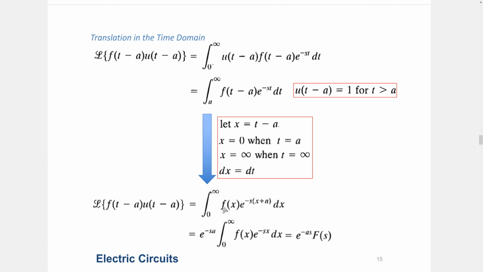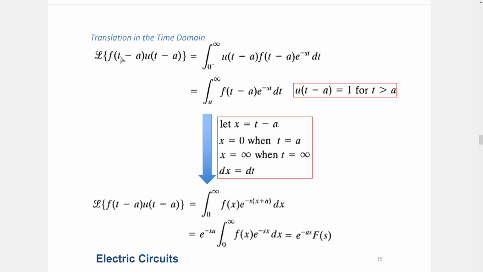And this looks very much like the original Laplace transform definition. I just need an extra a here and s. So e to the minus sa is a constant, so I can move it out of the integration. And then the integration here is the definition of the Laplace transform, which corresponds to F(s).